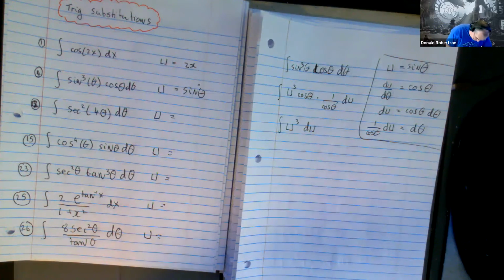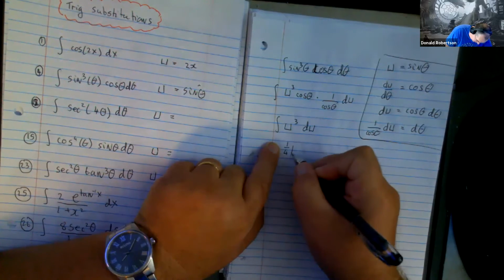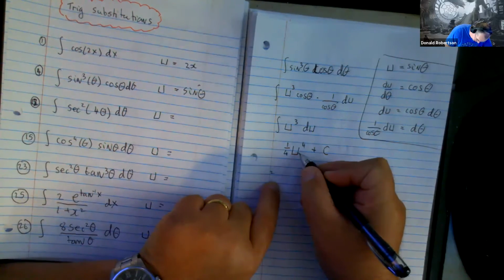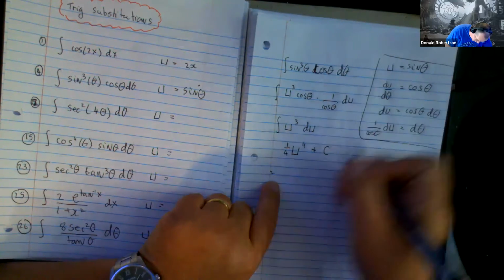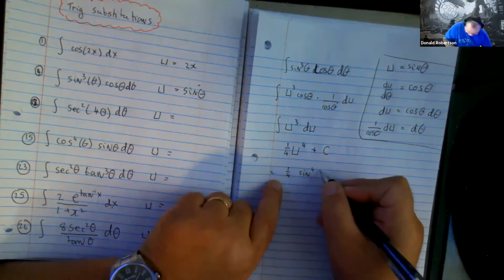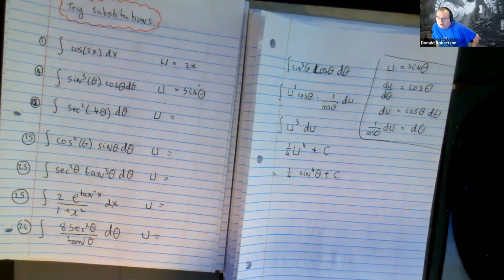Now, add 1 to the power and divide by the new power, and then go back to the thetas. So it's going to be 1/4 of that. That's how you're going to take care of sine squared cos theta, cos cubed sine theta, anything with some sines and cosines mixed and matched.